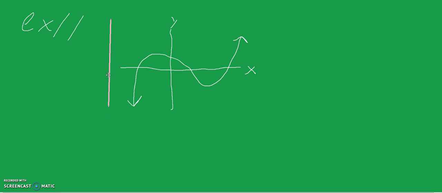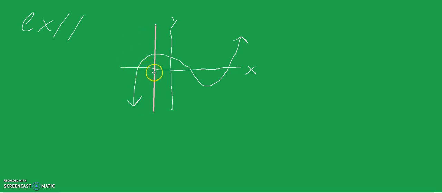Okay, so I have my vertical line. I'm going to take it and move it across the graph. Now if there's ever a point where the graph touches my line twice, then I know that it's not a function. But I can see here that as I move the line across the graph, it's only going to cross once at each point. I don't have a point where it has multiple intersections.